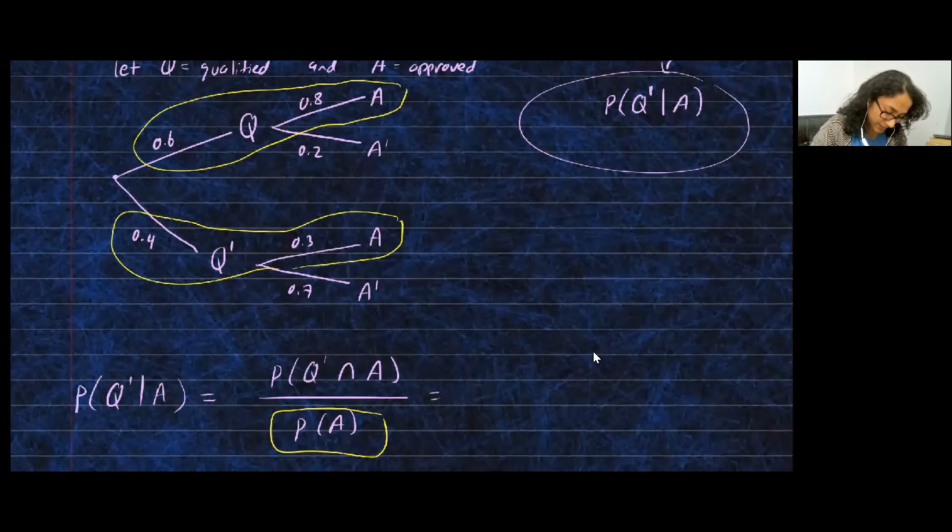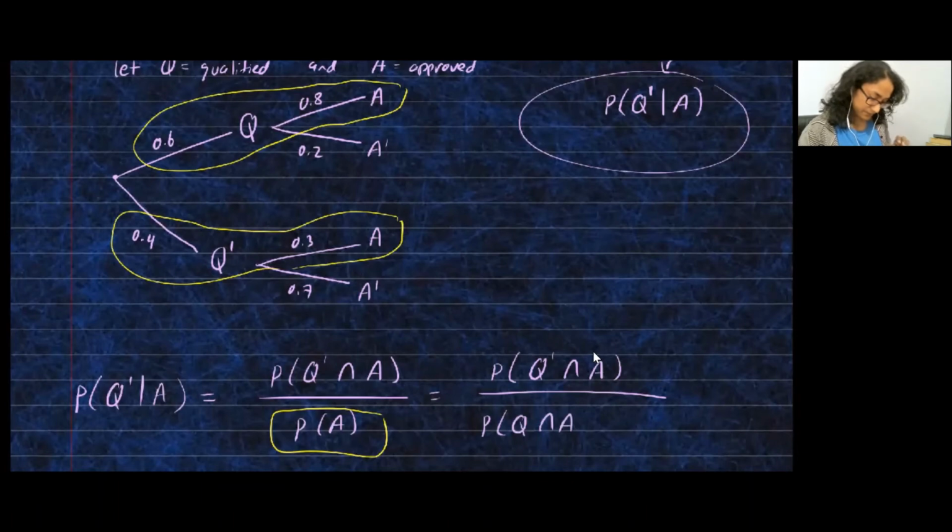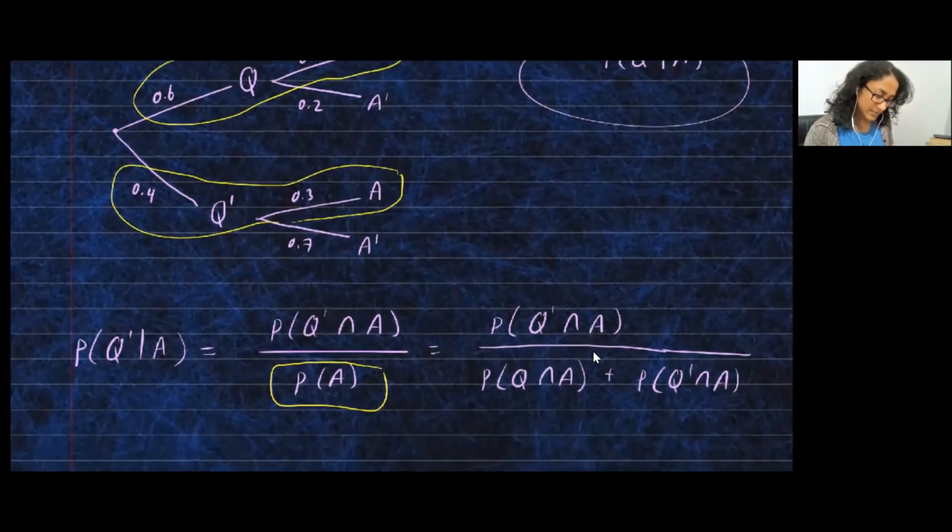So we have the probability of Q prime and A over the probability of Q and A, plus the probability of Q prime and A. So that will be the probability of A. And let's put the numbers in.